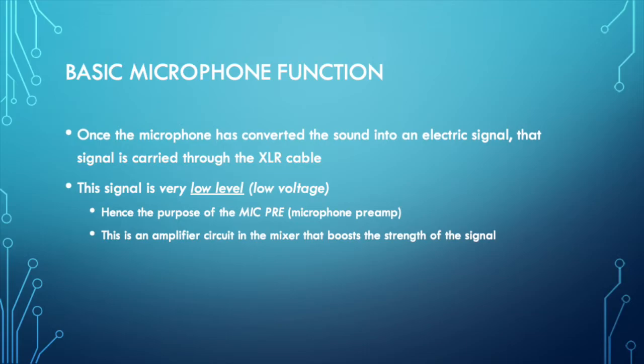So that is the purpose of the mic pre, or the microphone preamp. It boosts the level of that signal, increasing the voltage, and then the rest of the circuitry of the mixer can handle the processing we're going to do, because it requires a stronger signal.